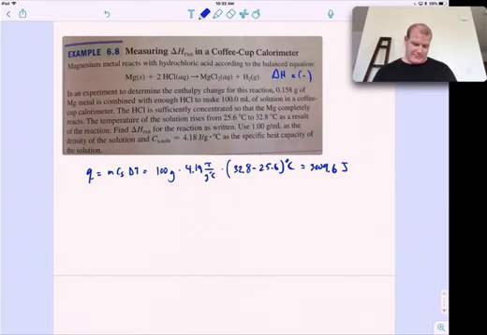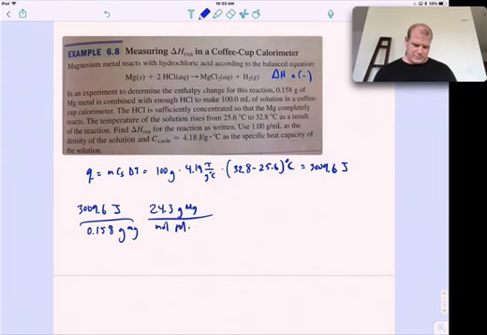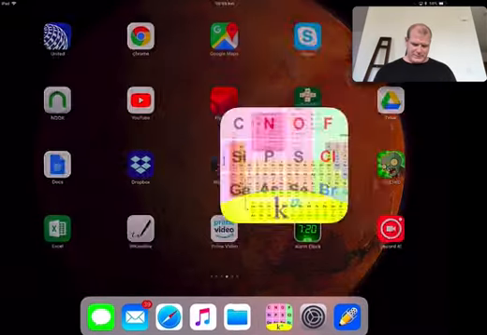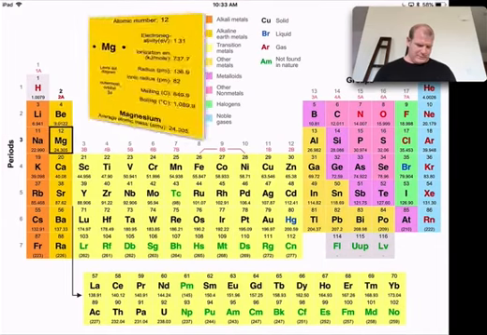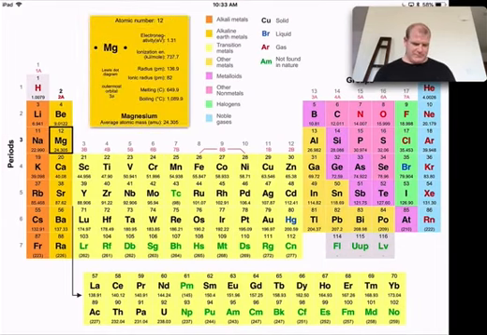Again, so now we have 3009.6 joules per 0.158 grams magnesium, and then I think it's 24.3 grams magnesium per mole. I don't remember. I think it's 24.3 magnesium. Yep, I was right. 24.3.